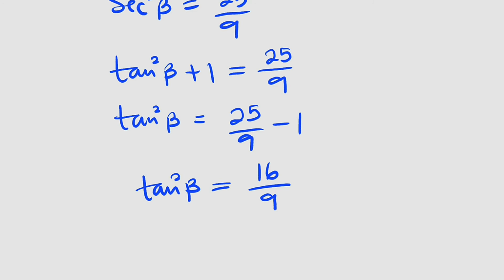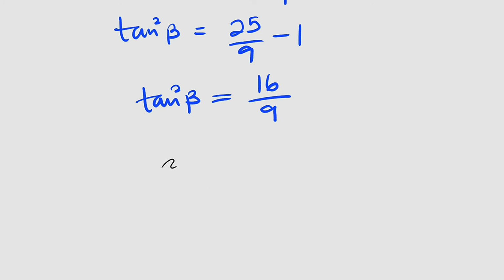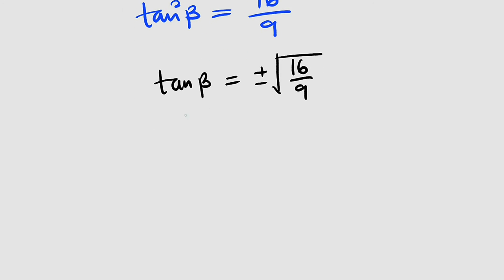So from here we can take the square root of both sides in order to have only tan beta, which we are looking for. Tan beta is equal to plus or minus the square root of 16 divided by 9. Finally, tan beta is equal to plus or minus, square root of 16 is 4 and square root of 9 is 3. So we have plus or minus 4 divided by 3.